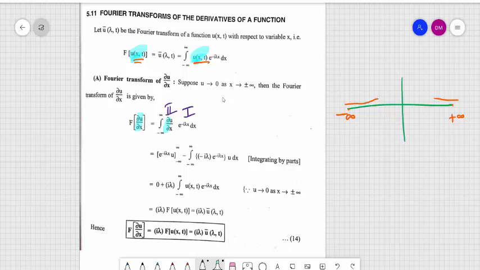So first function as it is, we know the rule. I will write the rule of by parts. U and v are functions of x.